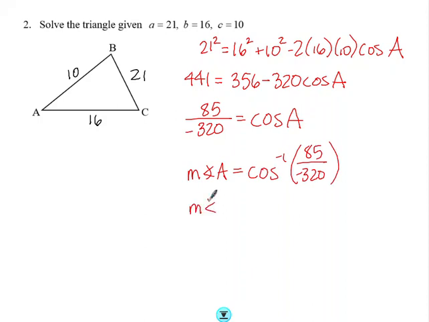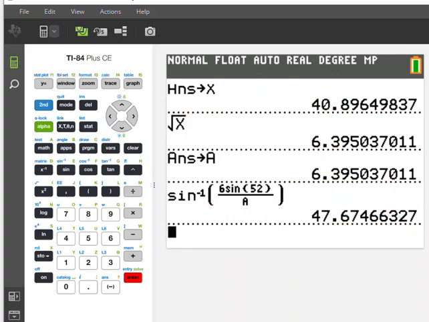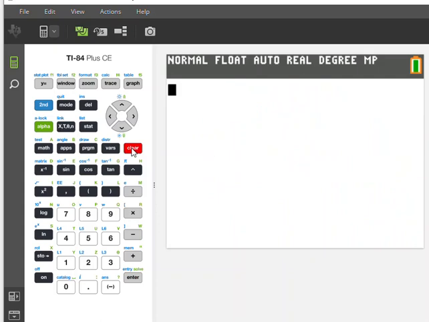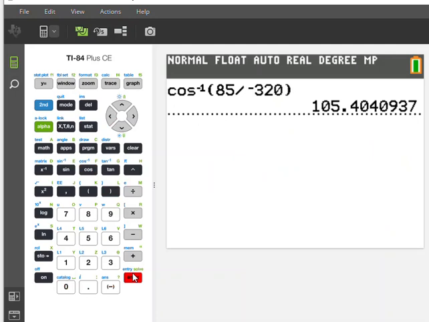I can just plug this in the calculator: inverse cosine of 85 divided by negative 320. So the measure of angle A is 105.404 degrees.